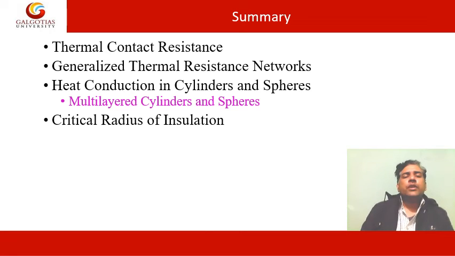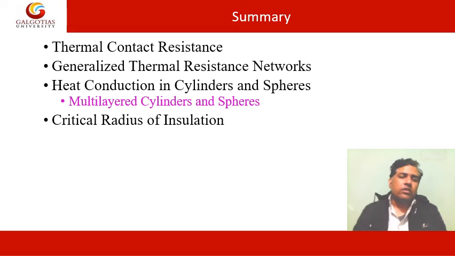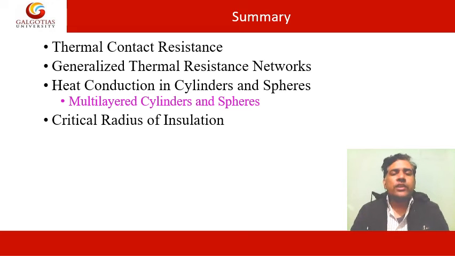Then we developed the general thermal resistance network for the cylinder and the sphere, and we discussed the meaning of critical radius of insulation. This is one of the most important topics today, and we will continue with it in the next classes as well.